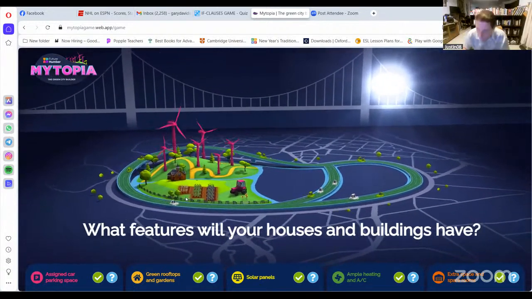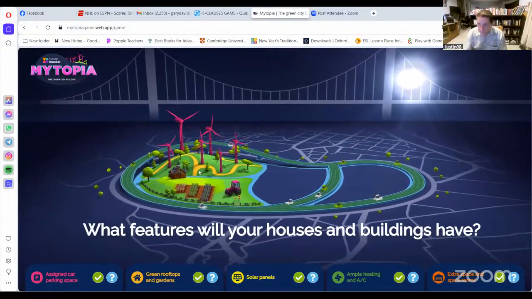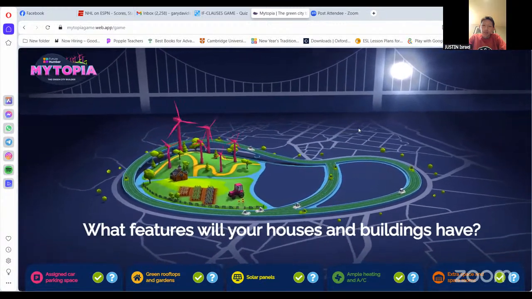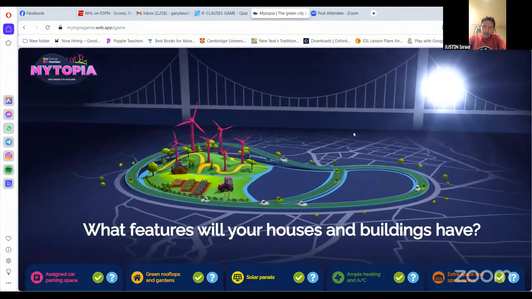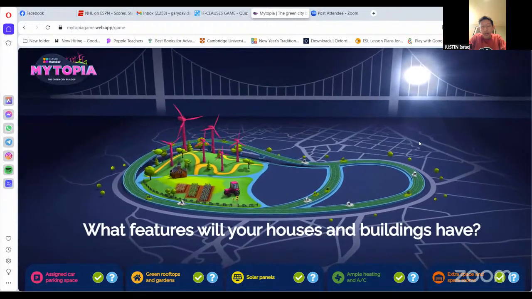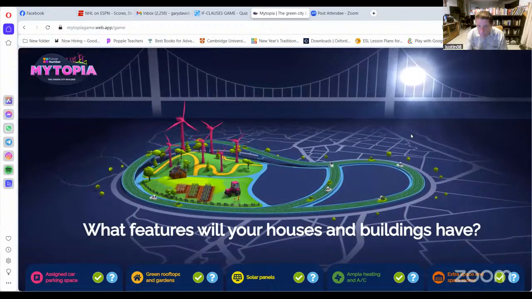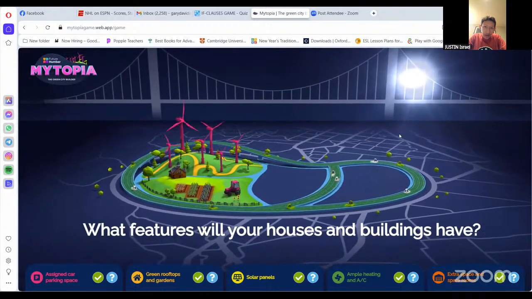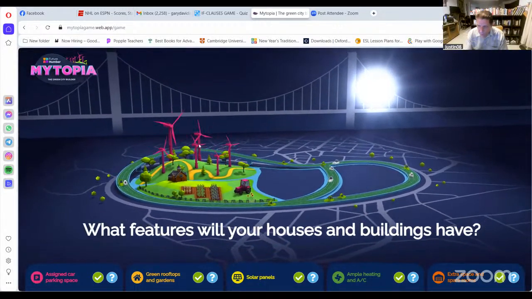Yeah, that's a good thing. Okay, why is that? Because people will be able to grow plants, and they will be able to go and sell them in the market for the citizens. Okay.